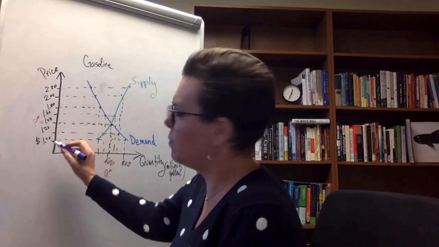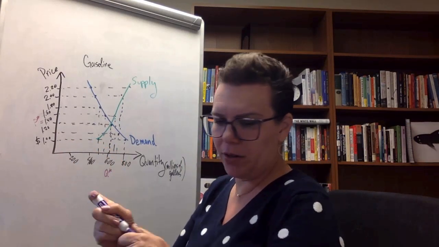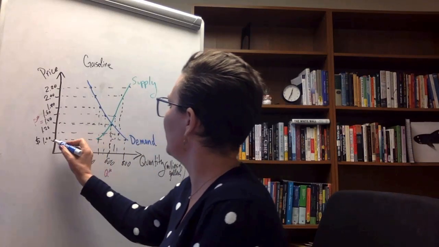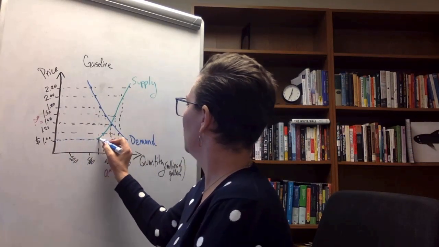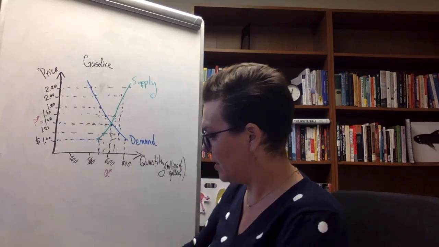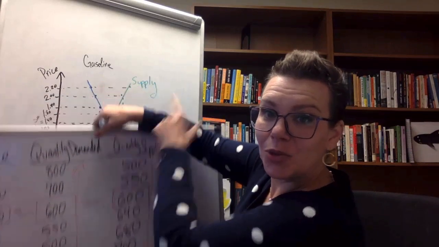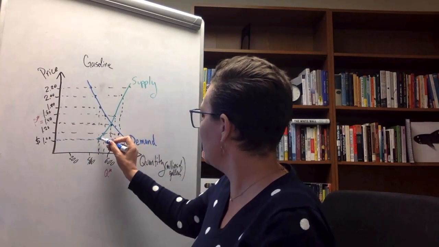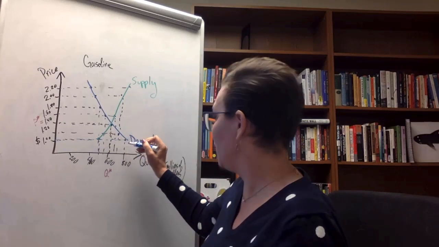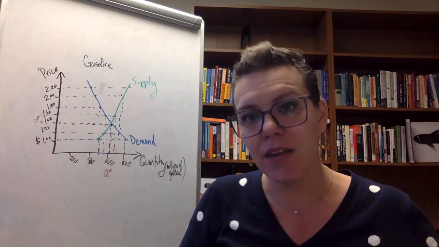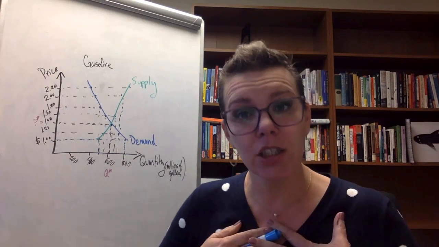Well, if we look at gas being $1, I'm going to go ahead and use another color here to illustrate this. If gas was $1, we can see that quantity supplied would be, as given by our supply schedule and our curve, 500, and quantity demanded would be 800. That's because if the prices were lower, we would want to consume more gas.